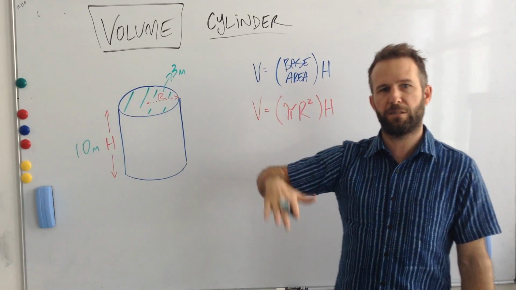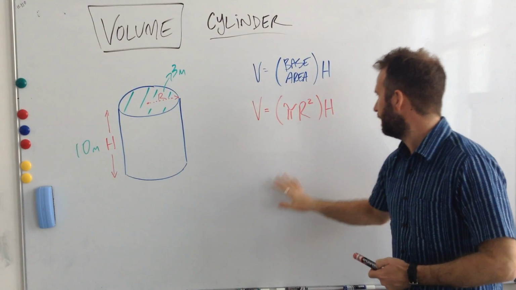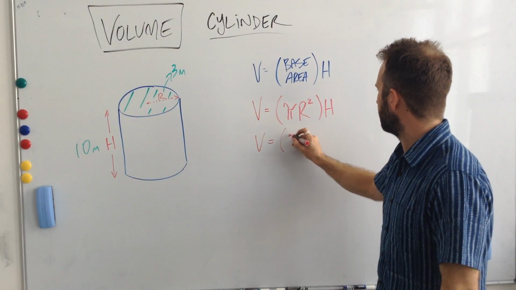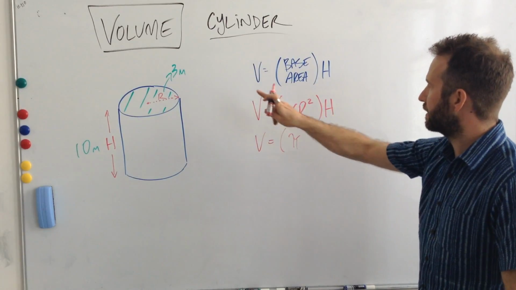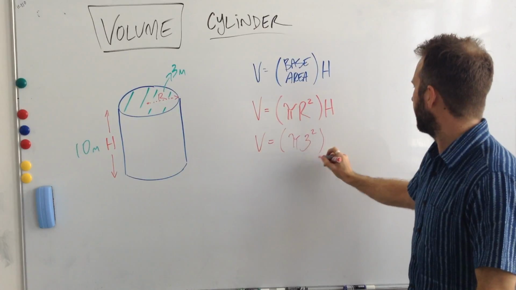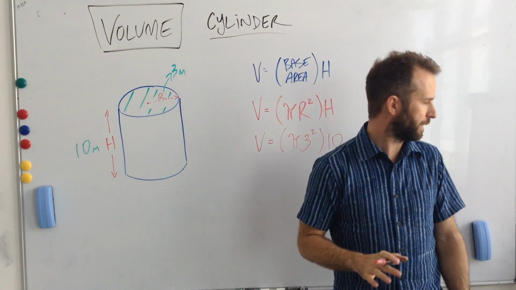So we've got 10 meters big H, we've got a radius of 3 meters. So, let's now use our formula, put some numbers in here. So we've got pi and the radius squared. So our radius is 3, and that's going to be squared. And all of that is going to get multiplied by 10, which is, of course, our big H.